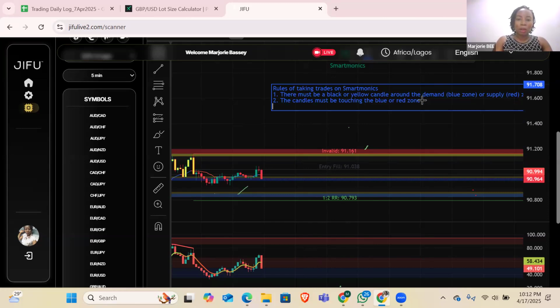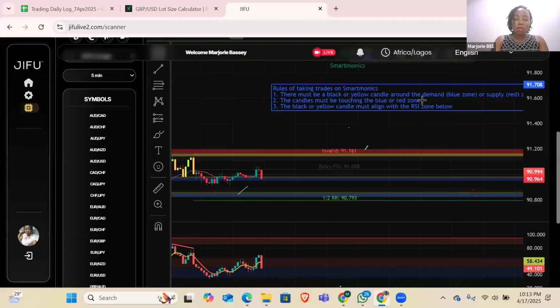Now, the third parameter that it has to go through is the black or yellow candle. We are doing one ritual thing here, the money making ritual. The black or yellow candle must align with the RSI zone below. Let me just call that zone RSI so that we differentiate it.